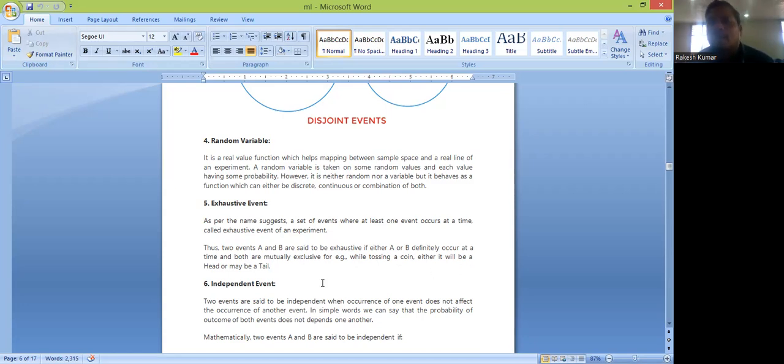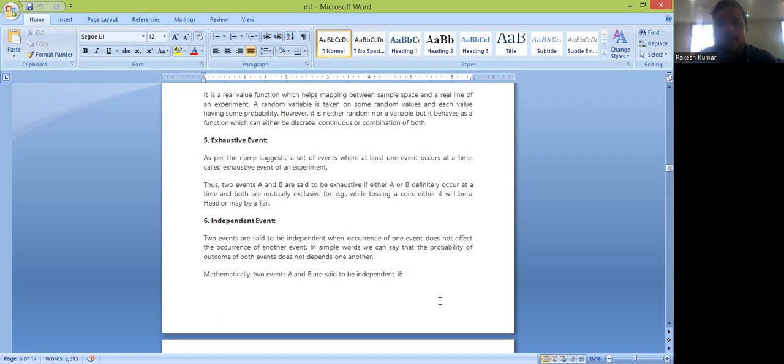So here we have two possibilities. Whenever we toss a coin, we will get either head or tail, and we predict whether we may get head or tail.